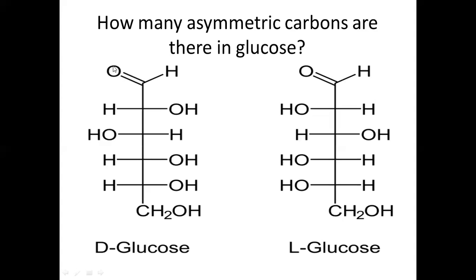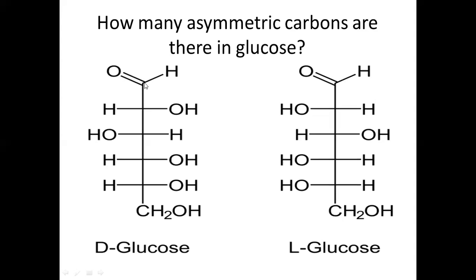So I was saying an asymmetric carbon or a chiral carbon is bonded to 4 different atoms or groups of atoms. So I was asking, is carbon 1 a chiral carbon? Is it asymmetric? Is it joined to 4 different atoms or groups of atoms? Carbon 1.